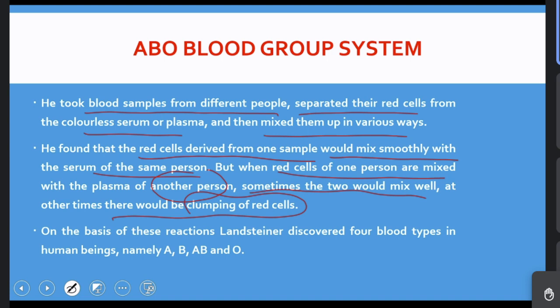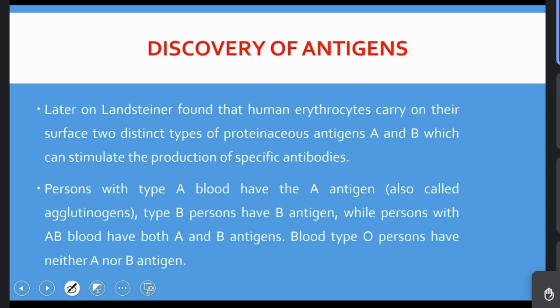On the basis of these reactions, Landsteiner and his students discovered four blood types in human beings: A, B, AB, and O. And coming to the discovery of antigens.